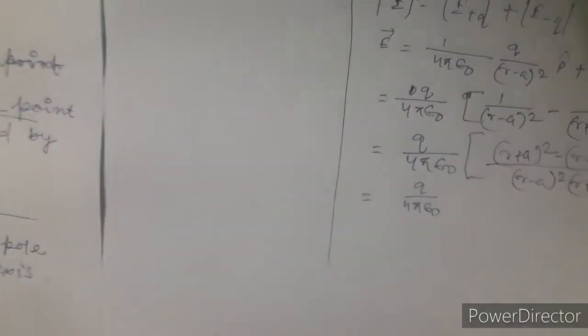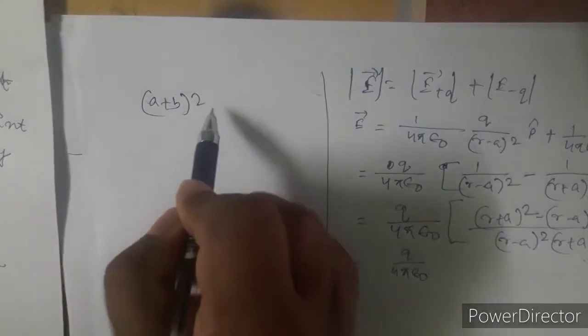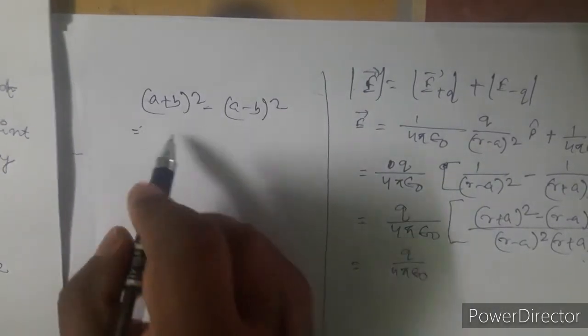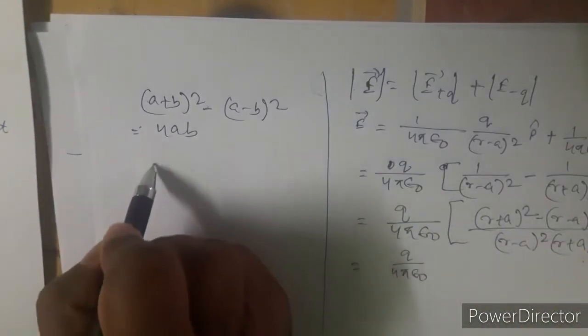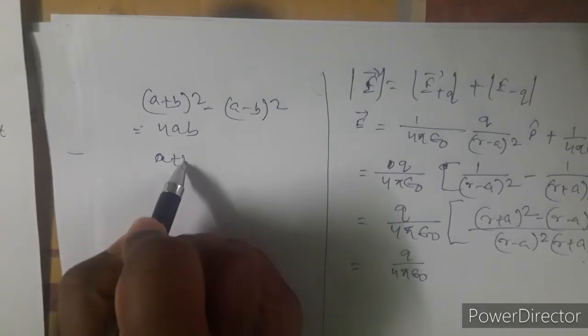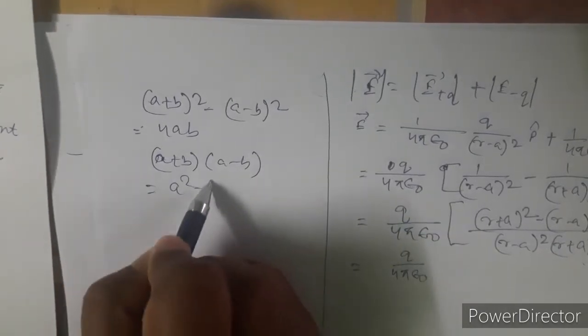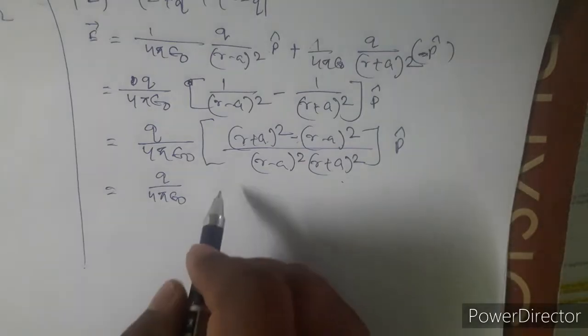We'll use these two identities. One is (A plus B) whole square minus (A minus B) whole square, which is 4AB. And one more identity we'll use, that is (A plus B) into (A minus B) is equal to A square minus B square. So it is (R plus A) whole square minus (R minus A) whole square.